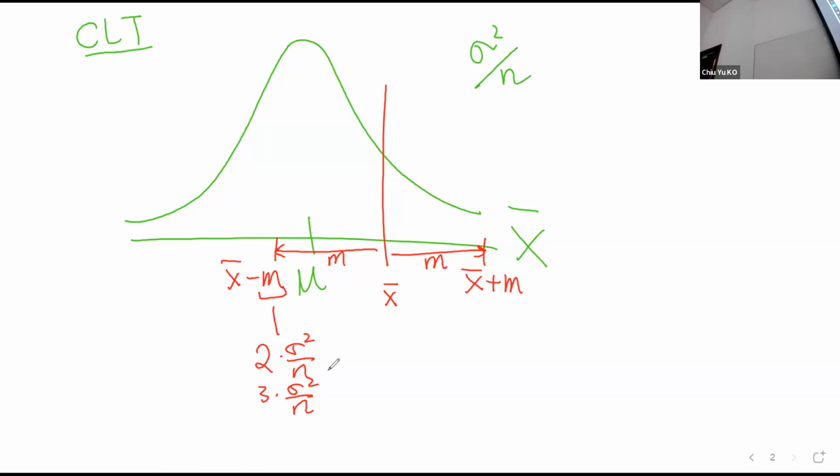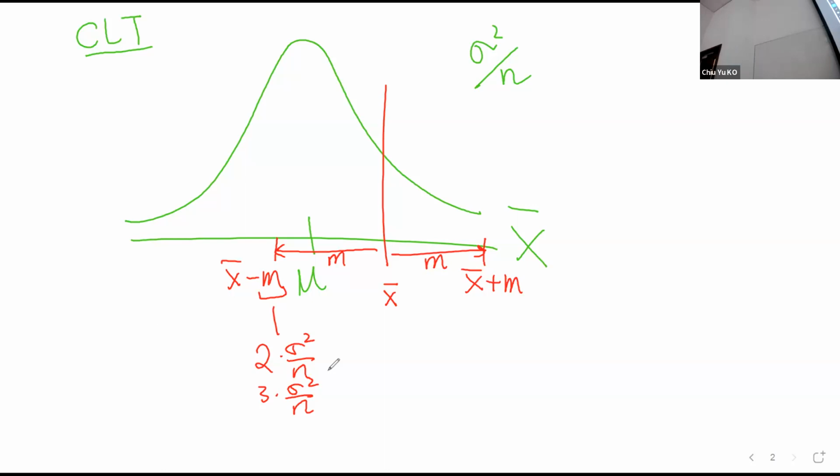And I want to be able to capture mu with high probability. I want to capture it. So I go left and right, and the logic is, remember under the bell, everything is within 2 SD or 3 SD. Remember the rule of thumb.